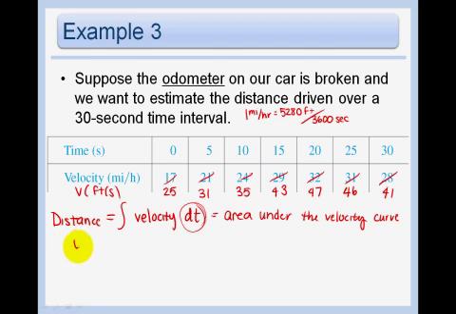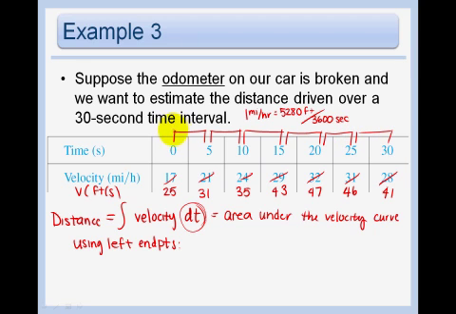Okay, so if I'm using left endpoints, what do you get? So here are my rectangles. I'm just going to make as many as I possibly can. If I'm using left ones, here's the first, second, third, fourth, fifth, and there's my sixth one.